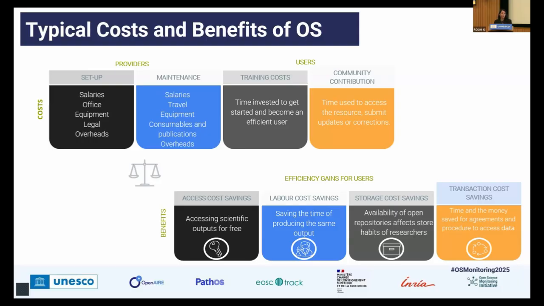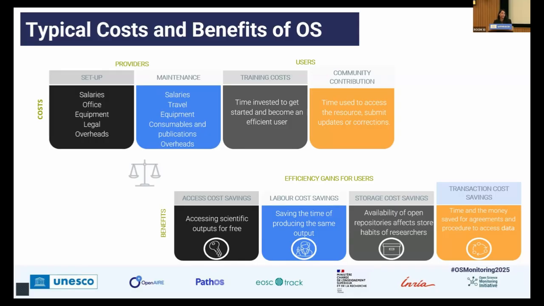And then on the benefit side, we identified 4 different types of benefit. The extent to which these benefits materialize also depends on the nature of the open science resources. And here, maybe you have cost savings for the users. So the user does not have to pay to access these resources. The users save time in accessing these resources and also save time in doing their work because they do not have to recreate this data or the information provided by the open resources.